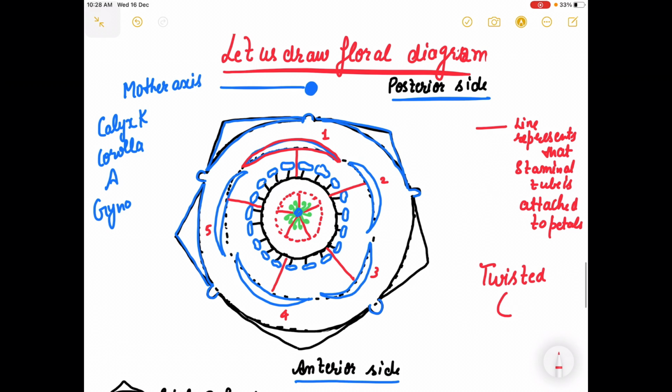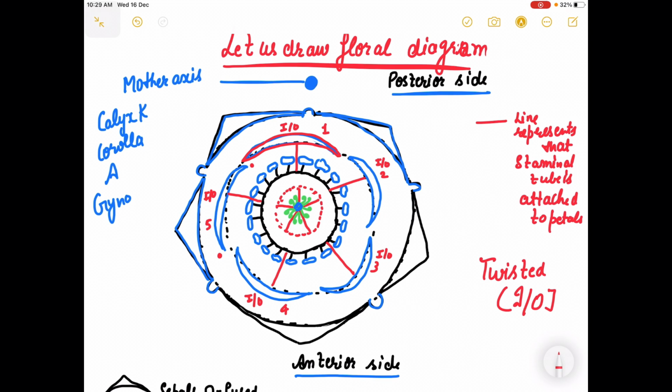If you look, what do we do in twisted estivation? In and out. This is in and out. This is also in and out. This is also in and out. Every one of the 5 whorls with the 5 petals you have to draw with in and out condition.